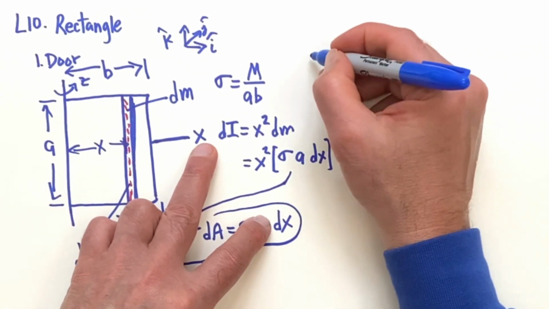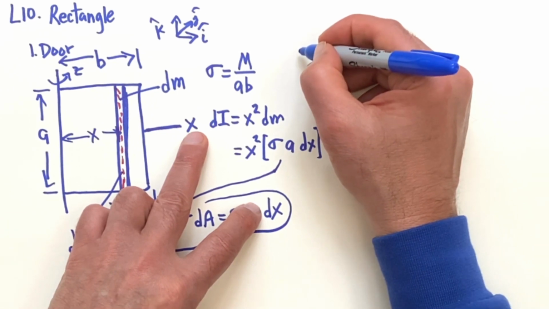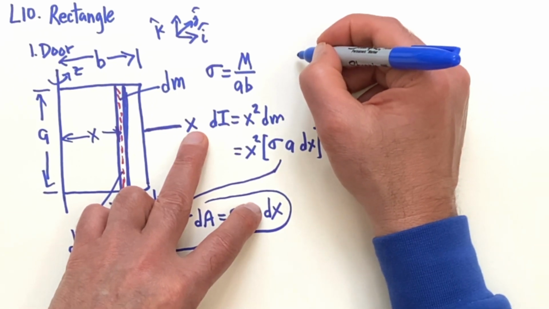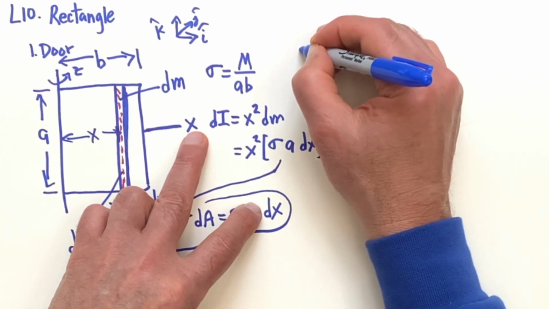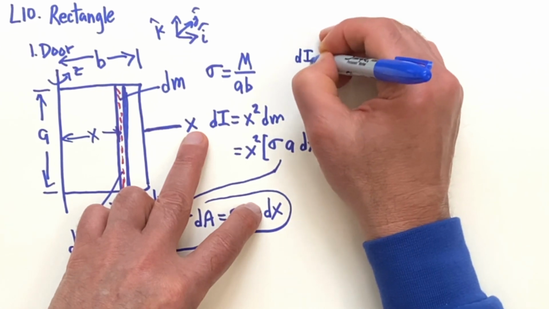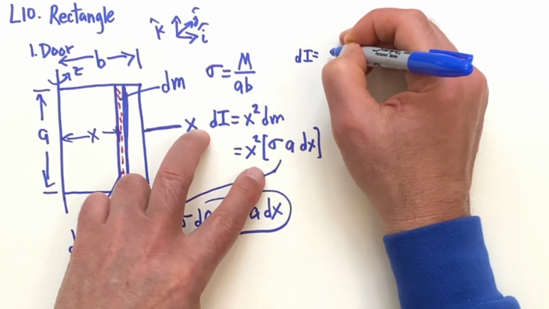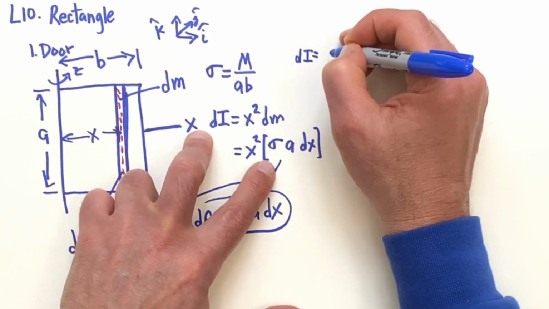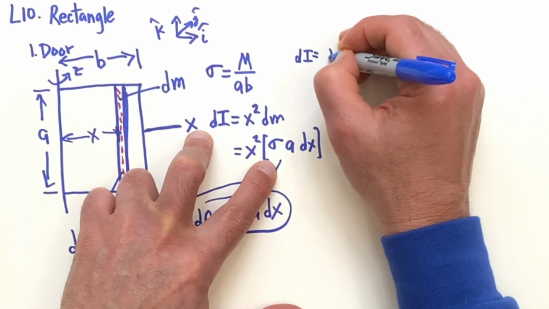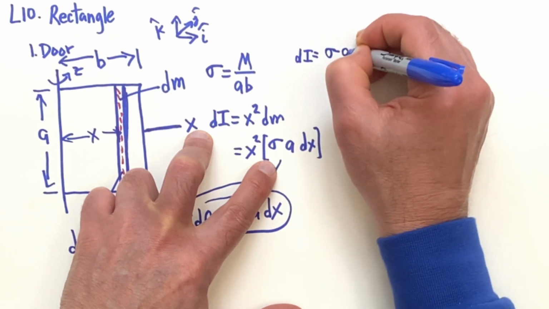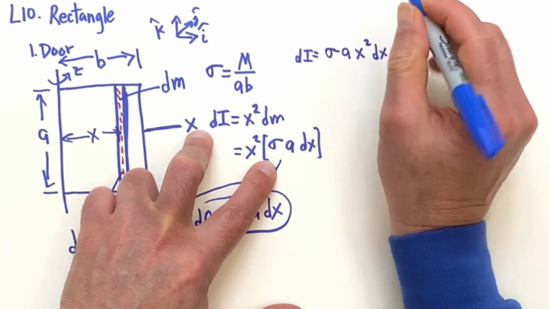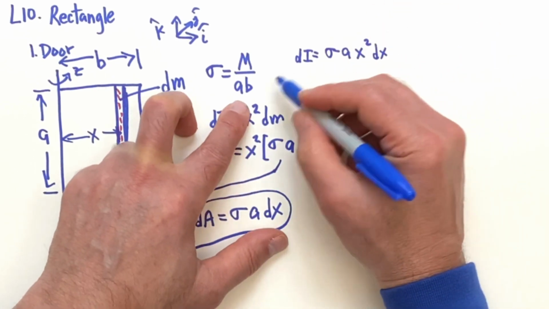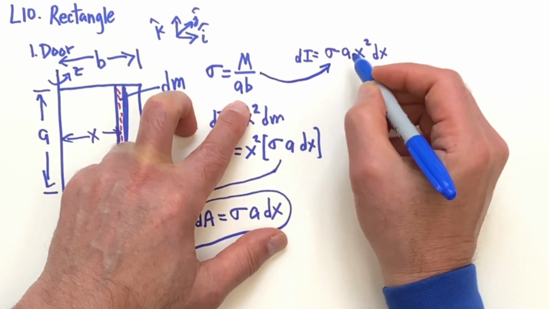So that means that we're going to do an integral here. And let's go ahead and write the dI one more time. And let's go ahead and collect the constants, put them out front, and then we have x squared dx. And now we can put in what this is.